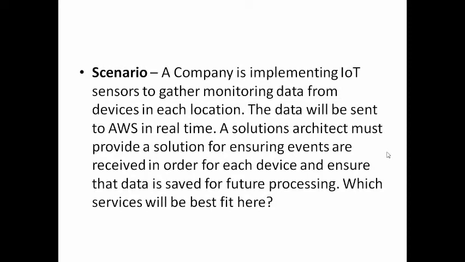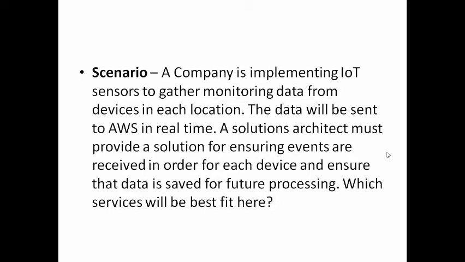So here, a company is implementing IoT sensors to gather monitoring data from devices in each location. The data will be sent to AWS in real time. We must provide a solution for ensuring events are received in order of each device and ensure that the data is saved for future processing.